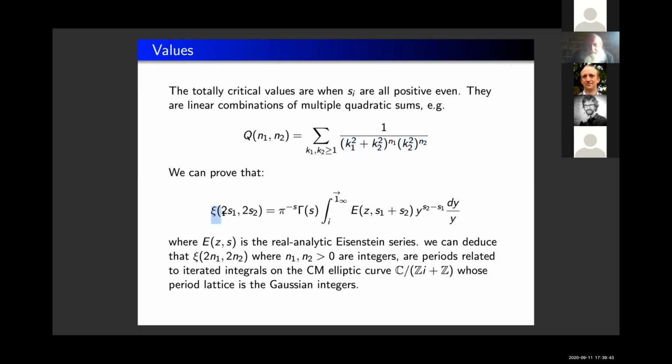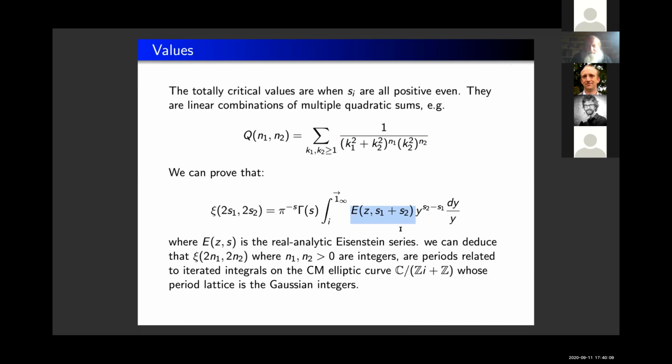In this case, you can show that this double psi function in 2 variables is something very, very simple. It's just a Mellin transform of a real analytic Eisenstein series. And real analytic Eisenstein series we've seen a lot, because it comes up all over the shop in string perturbation theory, so it's been in many of the talks already.